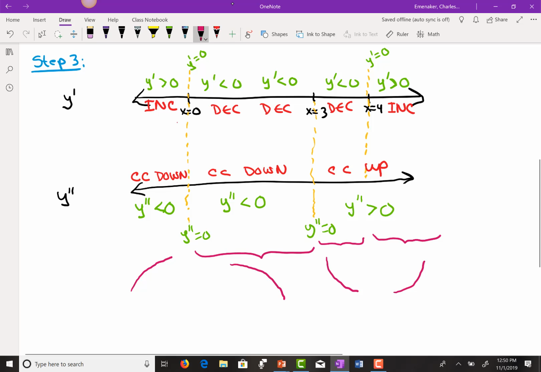So this is going to be a maximum point here. X equals 3. Now, Brianna, you ready with your answer? It goes from decreasing to decreasing. It's an inflection point. Then at x equals 4, what do we have? It goes from decreasing to increasing. It's a minimum.